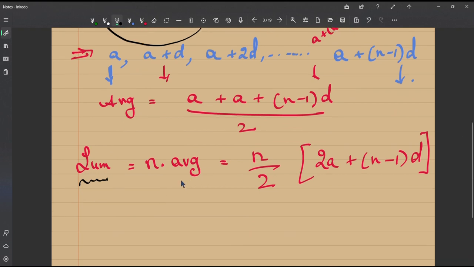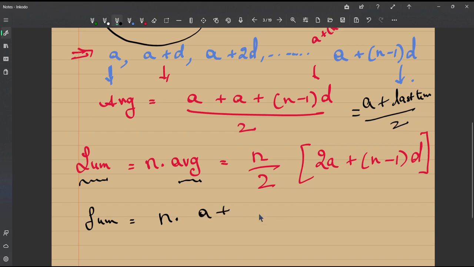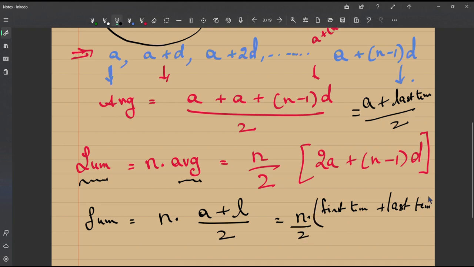We can say this average can also be expressed as (A plus the last term) by 2, or I can rewrite this as sum is equal to n into (first term plus last term) by 2, or n by 2 into (A plus L), where L is the last term.